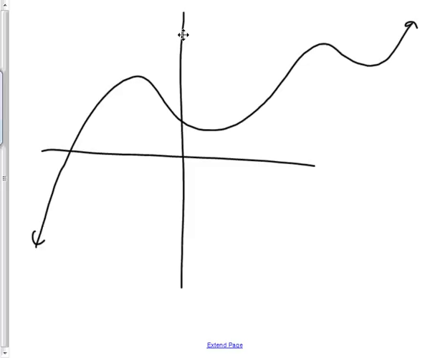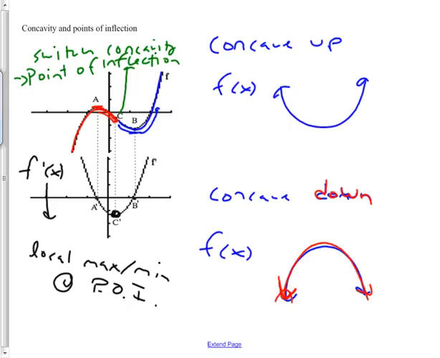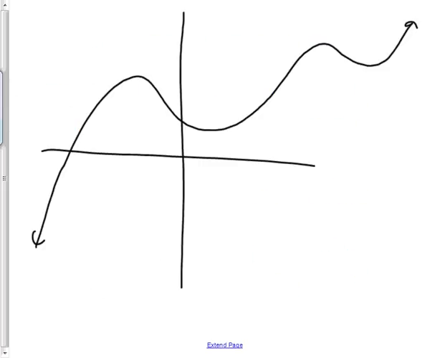To be consistent with what we were doing before, blue is concave up, red is concave down. So we're concave down to here. And that's where my graph is the steepest. And then we're going to be concave up. And here my graph is the steepest. Now I'm going to be concave down until I'm the steepest, and then once again concave up.